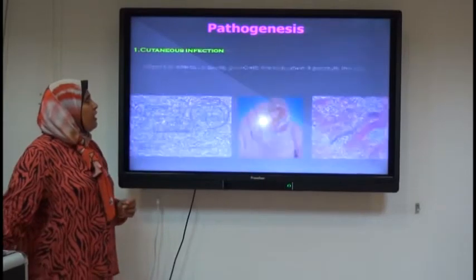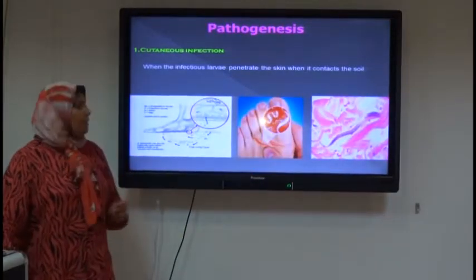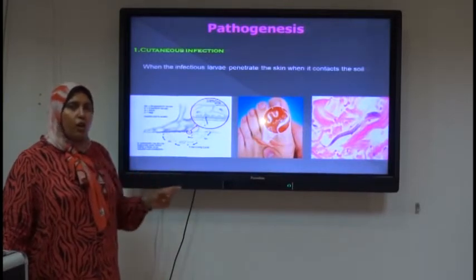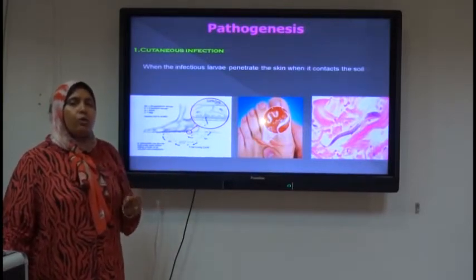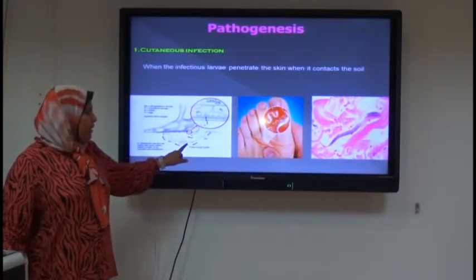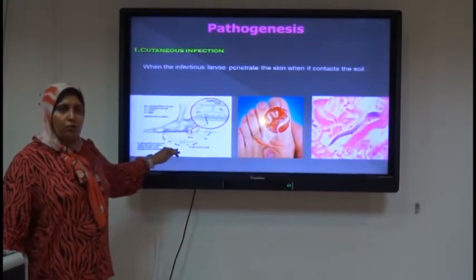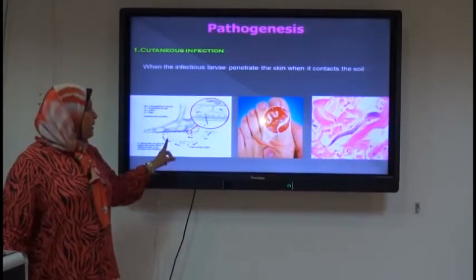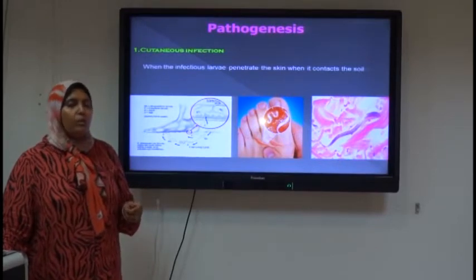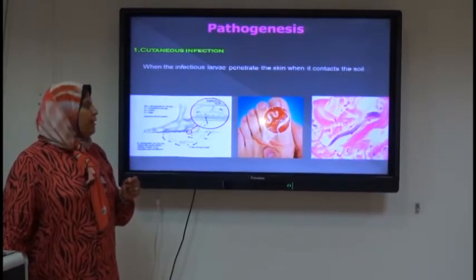Speaking about the cutaneous phase, as we said, this man is walking barefoot on an infected soil, a soil which is contaminated with the stool of an infected man. And that's why larvae, which are running all around in the soil, have the facilities to penetrate this intact skin. It doesn't need a wound to enter. No, it can penetrate the intact skin.